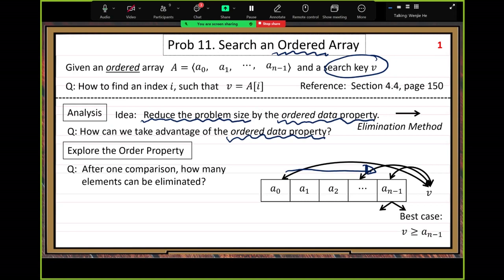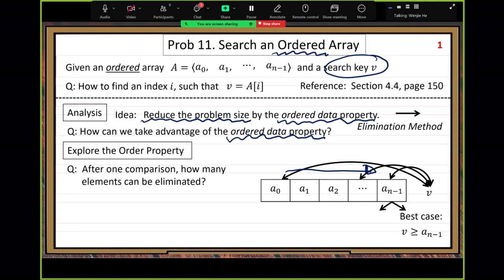The best case: if V is greater than or equal to A sub n minus 1, we treat it as the best case, because we know its location immediately. If it's equal, we know its location.